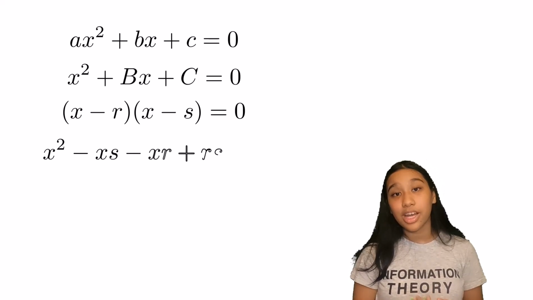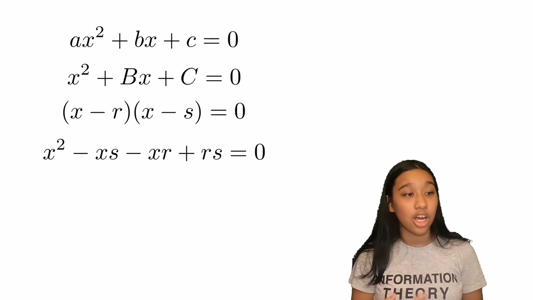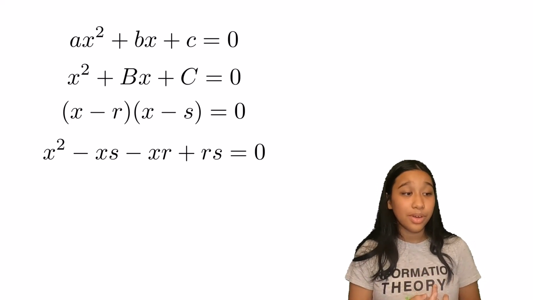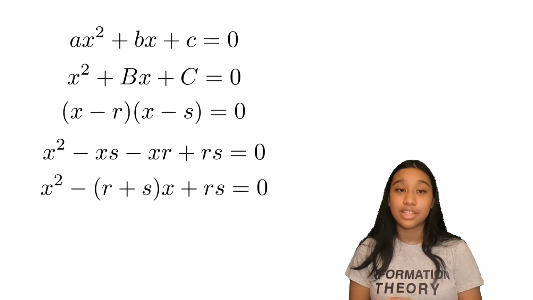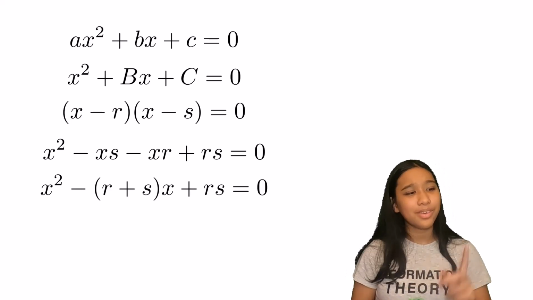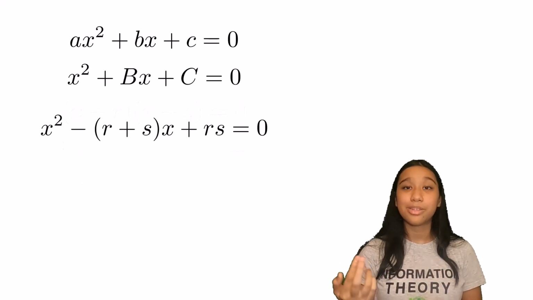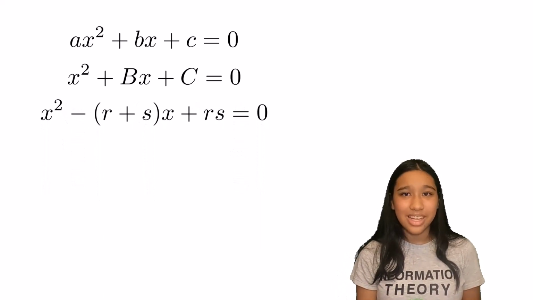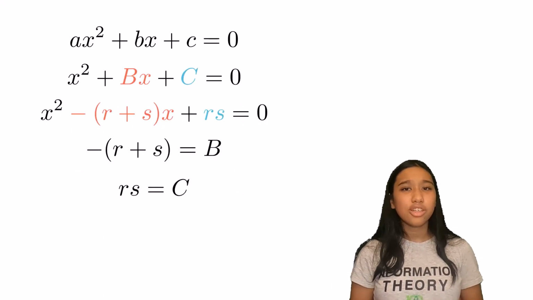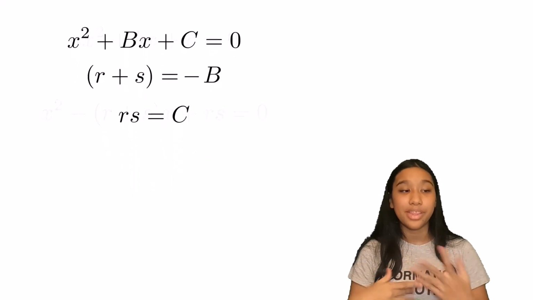So you get x squared minus xs minus xr plus rs equals 0. Factorize that a bit and you get x squared minus (r plus s) times x plus rs equals 0. And we've basically come full circle to our original equation, because if you compare the two equations, you can directly see that negative (r plus s) equals B and r times s equals C. So rewrite the equations a little and you end up with this.